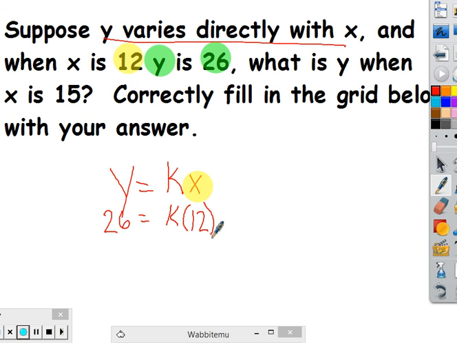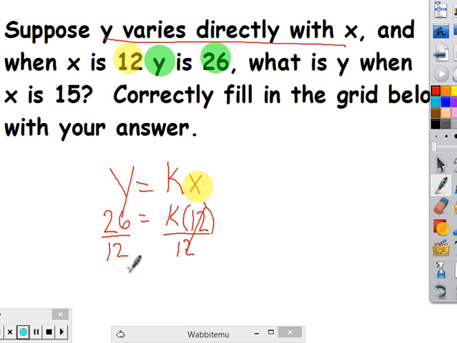So I need to take my equation and solve for the k in this because they're asking me to find out what y is when x is 15. So I first have to solve this equation of information I know. So divide by 12 on both sides to get rid of 12.